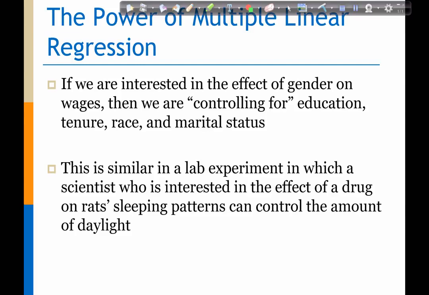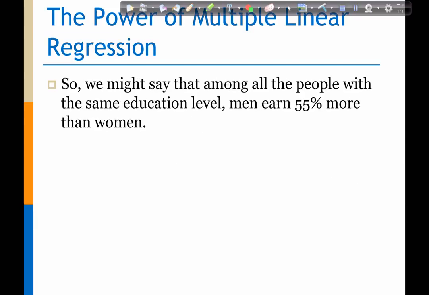In real life, we don't have control over people, but the equivalent of controlling for these factors is to include them in our regression. So we might say that among all the people with the same education level, men earn 55% more than women.